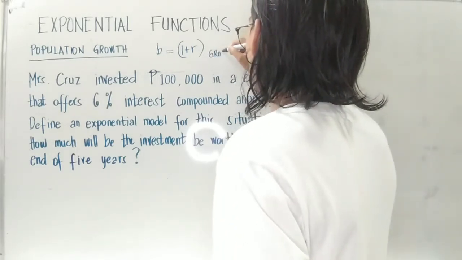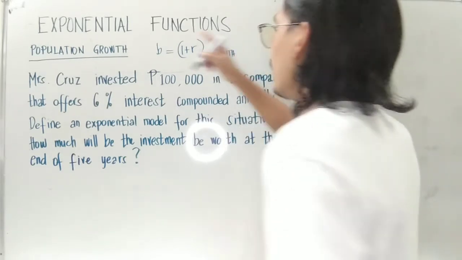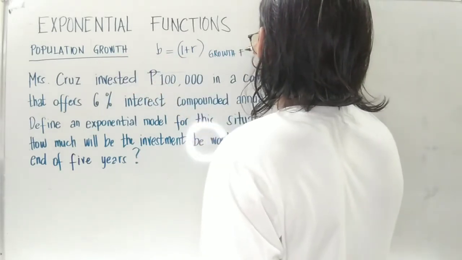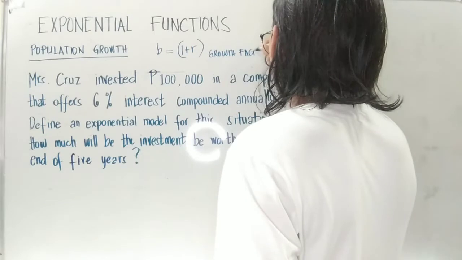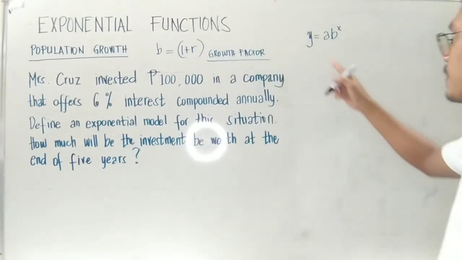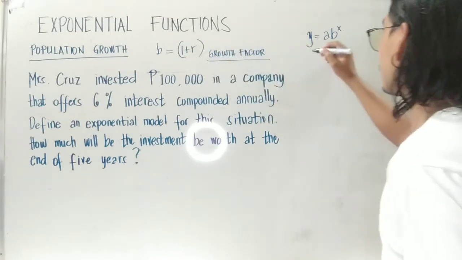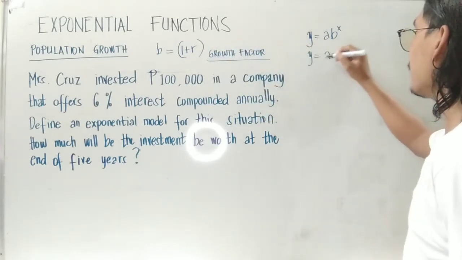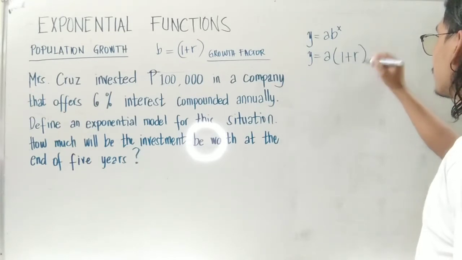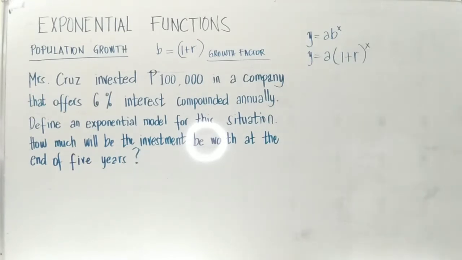It is a growth factor because the trend of the money or population growth is, of course, increasing. So we will substitute b as a, then your growth factor 1 plus r raised to x.